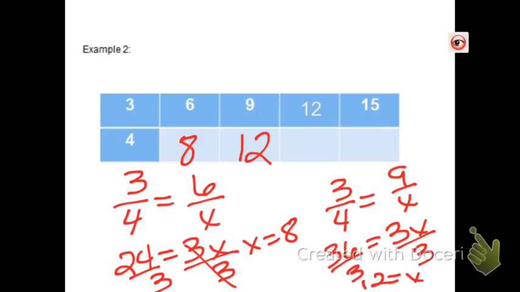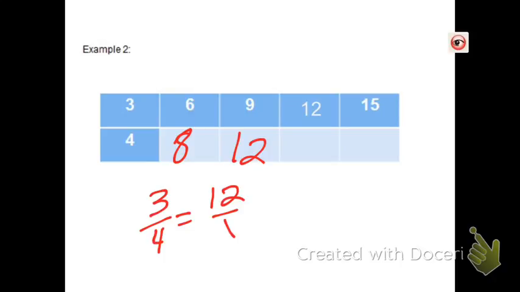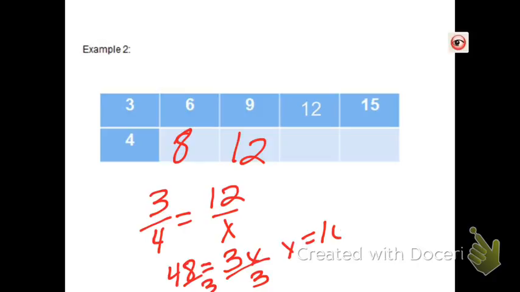Let me erase. Okay, so 3/4 equals 12 over X. Use your calculator if you need to. 3X equals 4 times 12 is 48. Divide by 3 on each side. We get X equals 16. So 12 and 16.